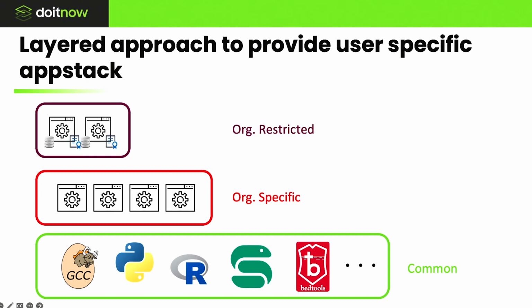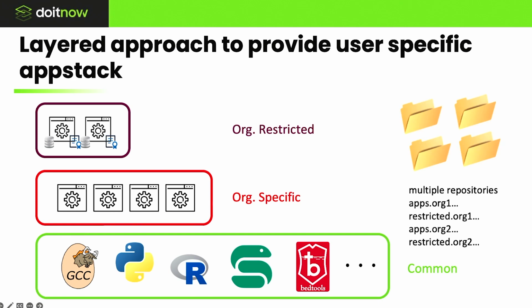And they can also work on top of it, using a restricted set of applications. So it's a fully layered approach. At the end of the day, the user can have a fully customized Appstack just for themselves. And this doesn't demand a lot of effort from the support team, because we just share the set of modules that they should load.